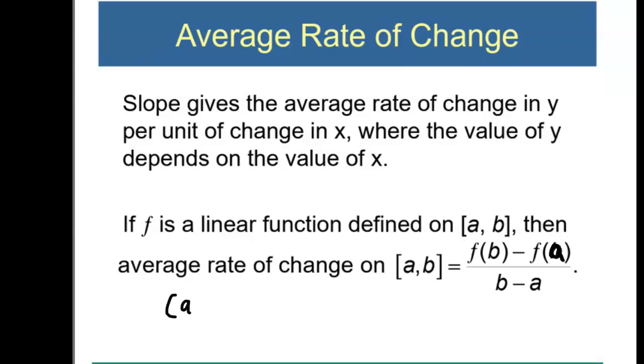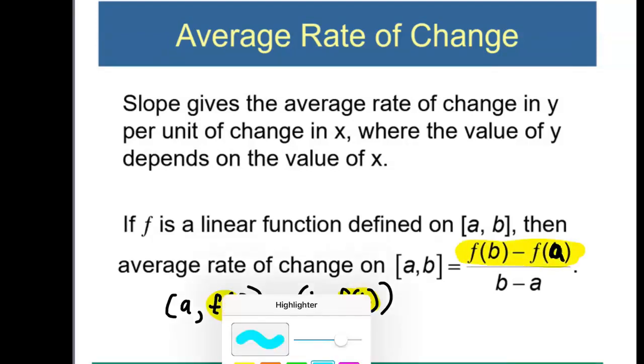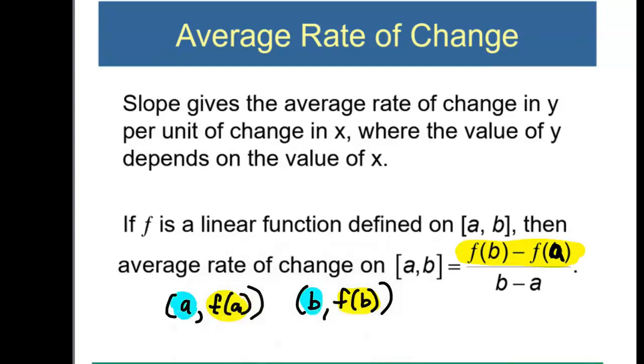Because you have an ordered pair like a comma f of a, b comma f of b, and here we just take the difference in our y's in our slope formula all over the difference in our x values. So pretty straightforward there, and we call that the difference quotient.